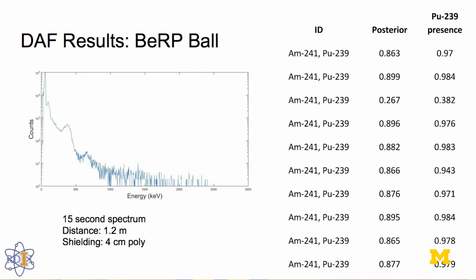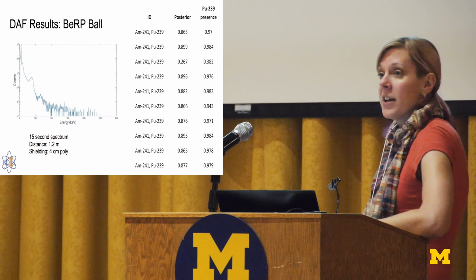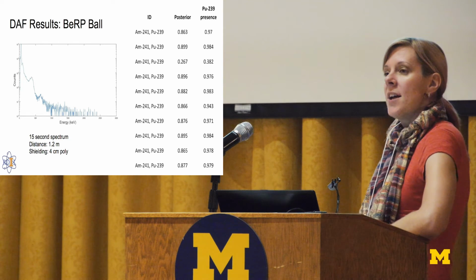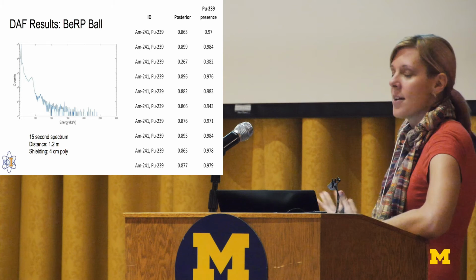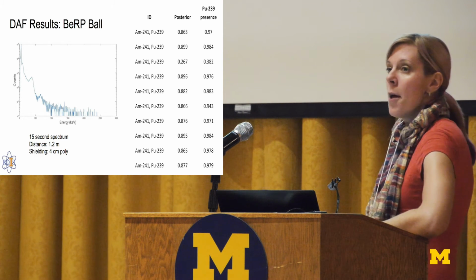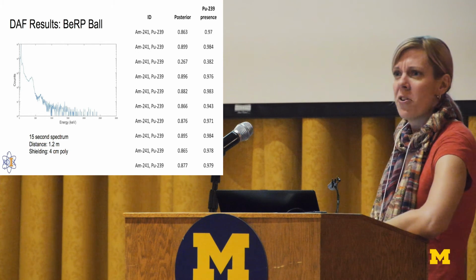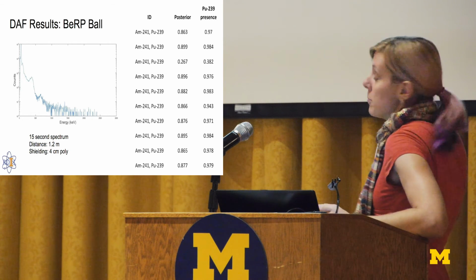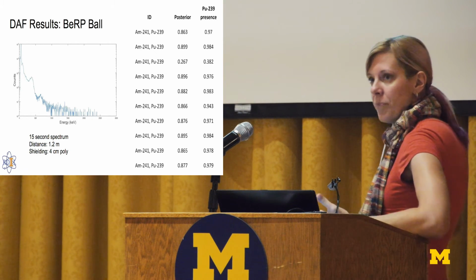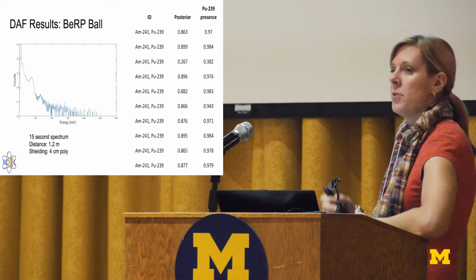And you can see the posterior scores for each of these calculations. The good news here is that these are all pretty significant numbers. The next highest posterior score was really small. But we also might just care about whether plutonium is present, or whether uranium is present. And so that's just this plutonium-239 presence. That's the posterior probability of just plutonium.